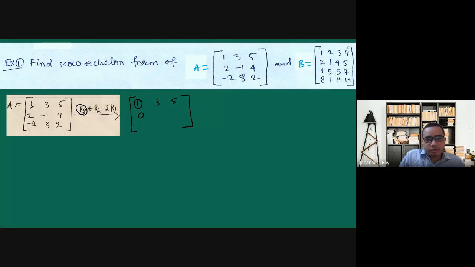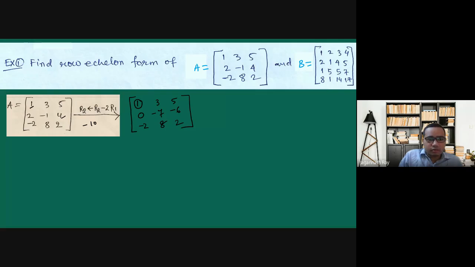The next is minus 1 minus 6, so minus 7. Then 4 minus 10, so this should be minus 6. We keep the next row as it is: minus 2, 8 and 2.